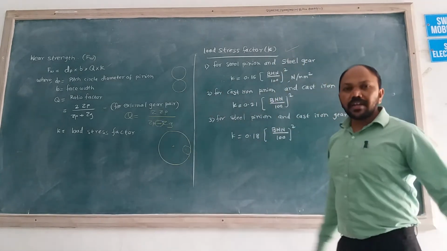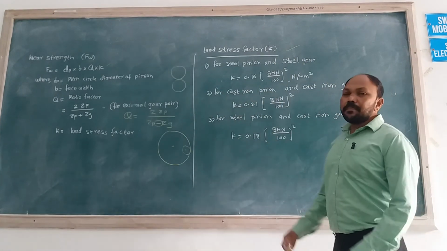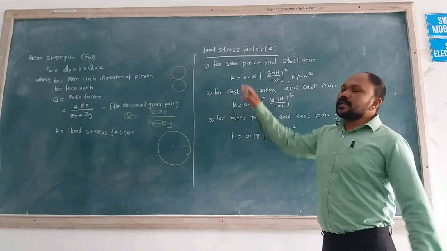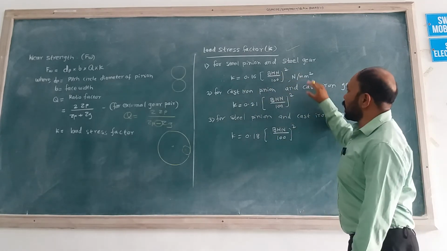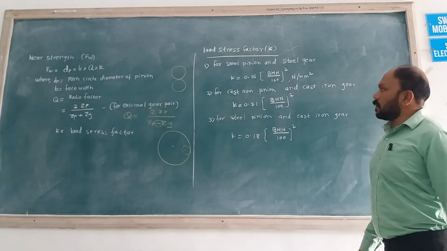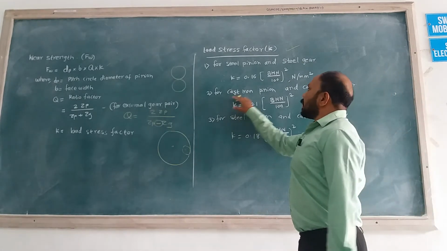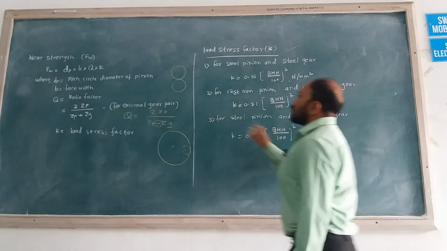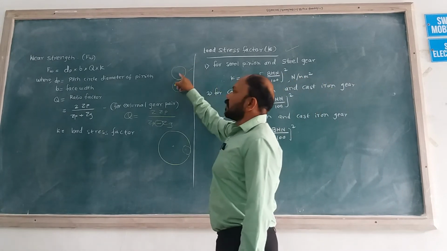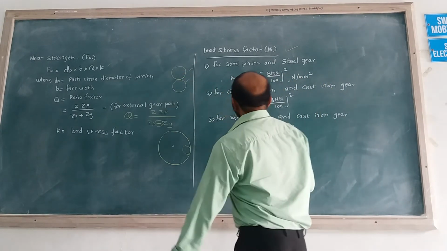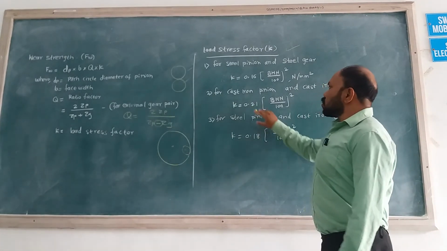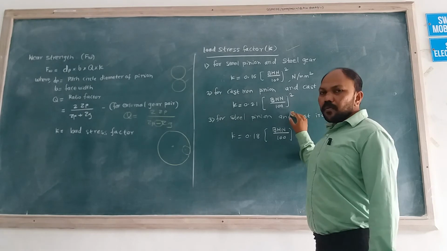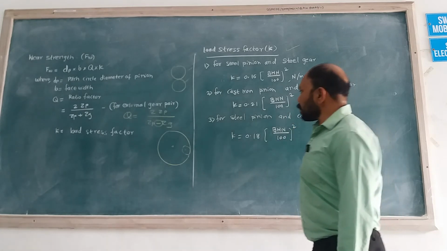For load stress factor K, first, for steel pinion and steel gear, K is equal to 0.16 into (BHN upon 100) squared. This is in Newton per mm square. For cast iron pinion and cast iron gear, if both materials are cast iron, use K equal to 0.21 into (BHN upon 100) squared.